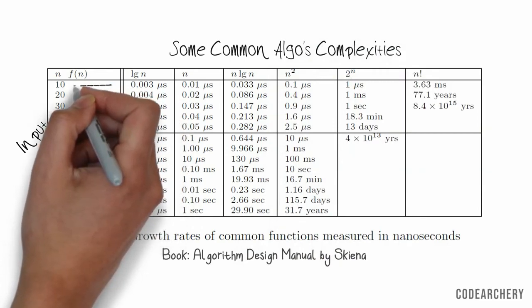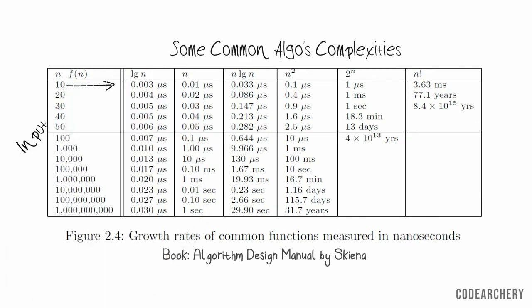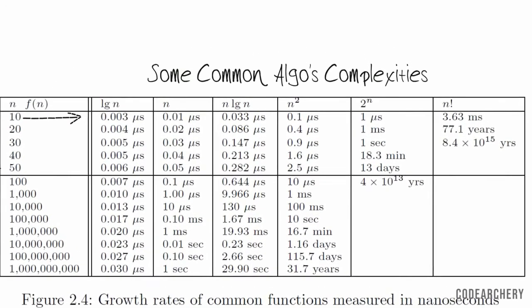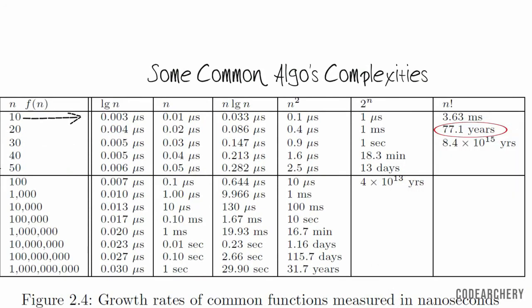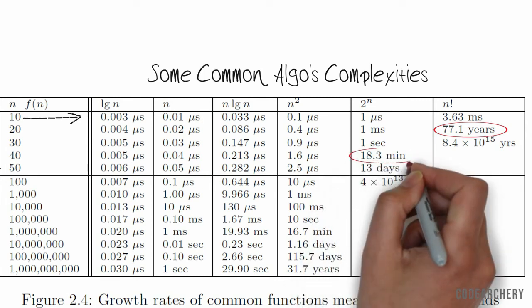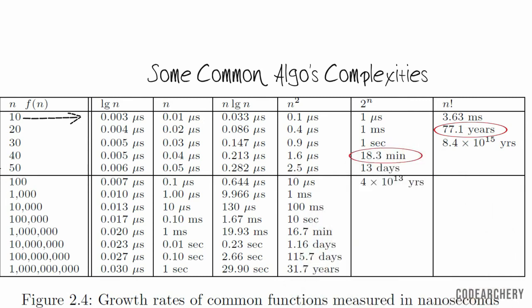You can see that all algorithms roughly take the same time for input 10. Any algorithm whose running time is n factorial becomes useless for n greater than or equal to 20. Algorithms whose running time is 2 to the power n are impractical after n is greater than 40.